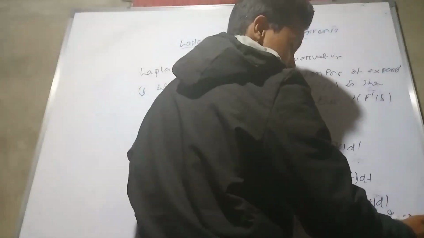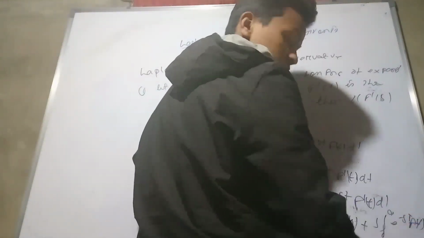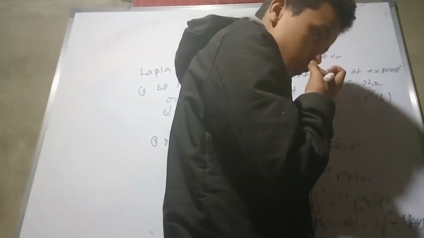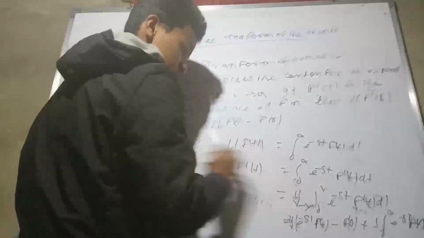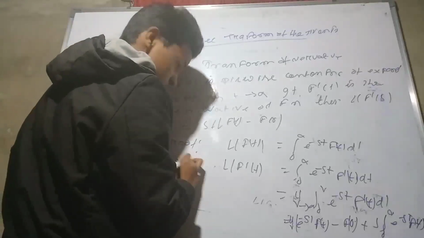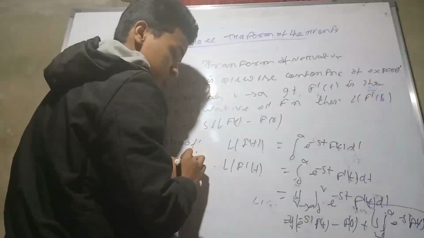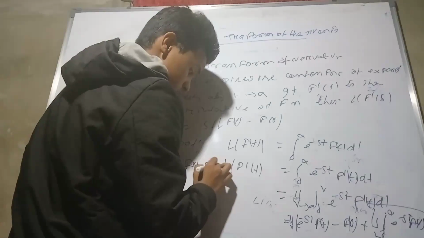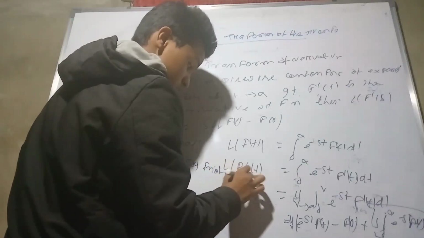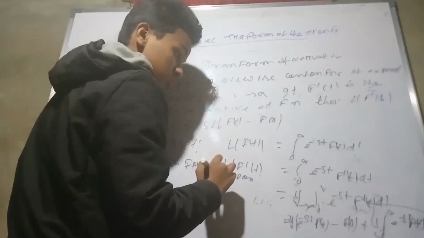Now when we put the limit, that term will be 0, because we know that f(t) is a function of exponential order.